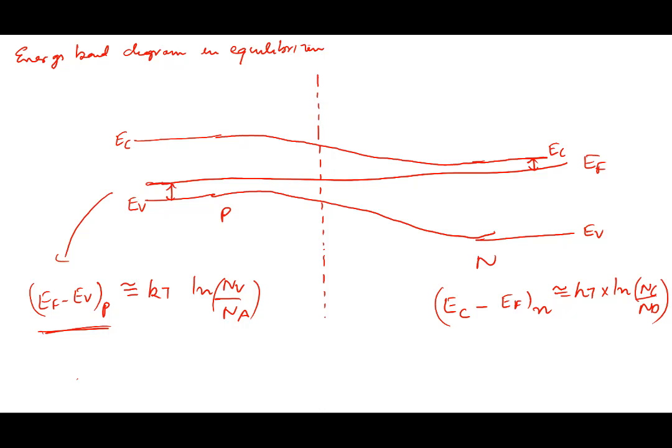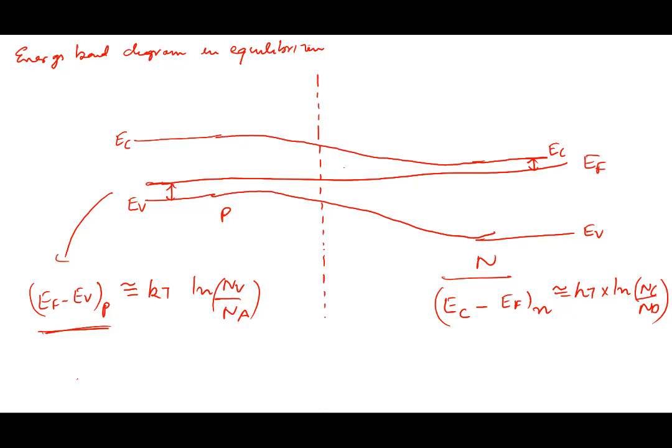Look at the variation in EC. This region is N-type. If I look at EC, it is progressively going up, up, up, and then eventually goes like this. What is happening as I go close to the junction? The separation between EC and EF is increasing.